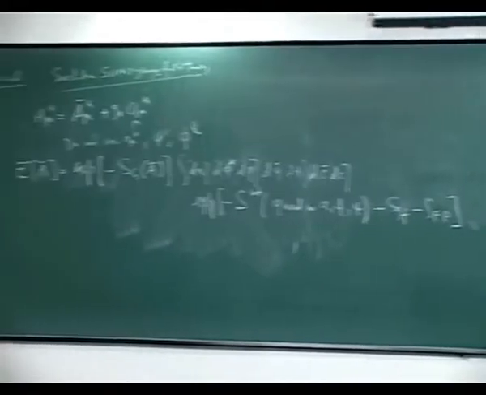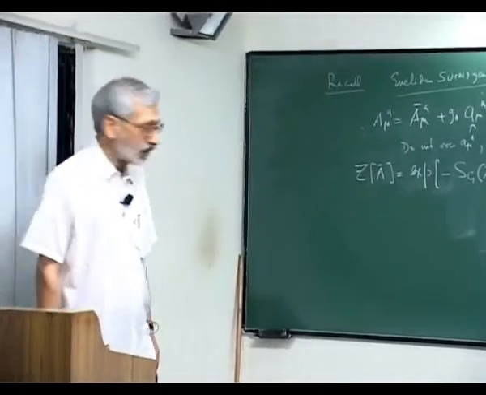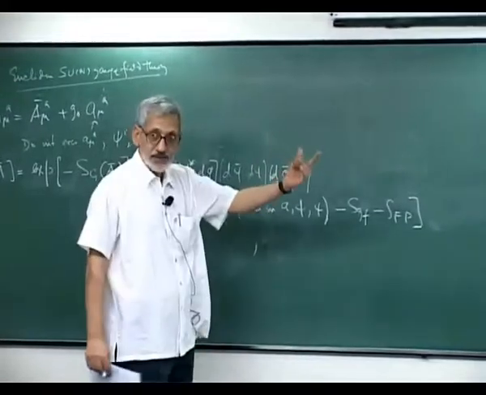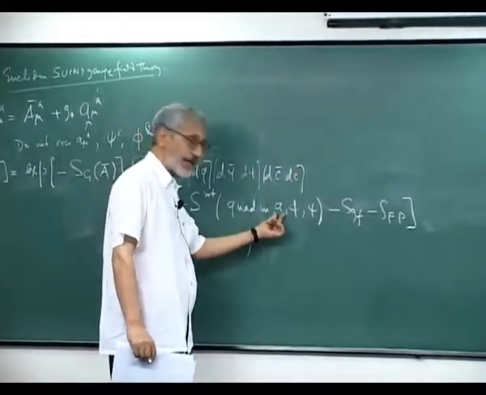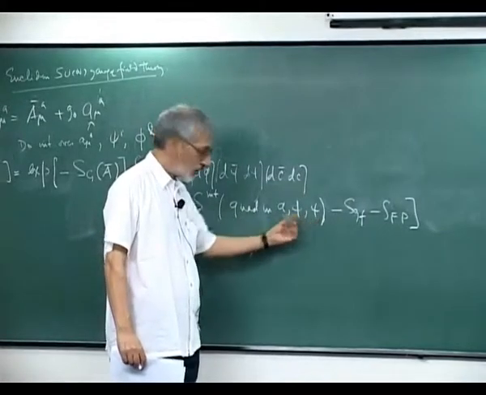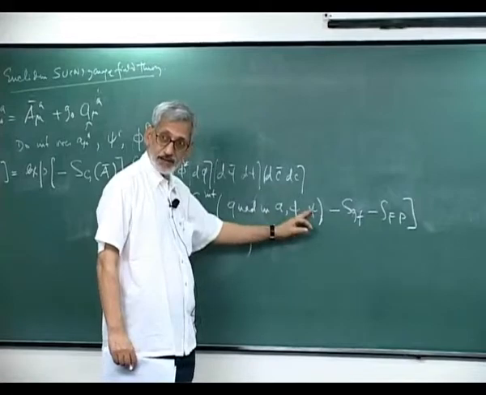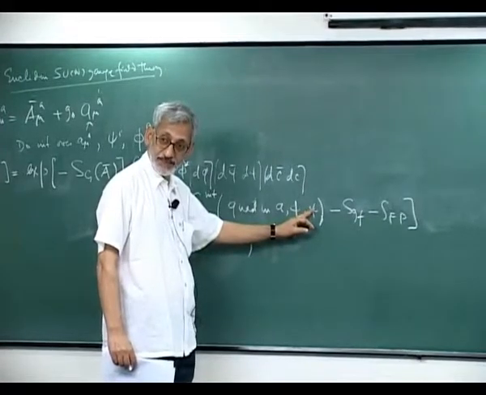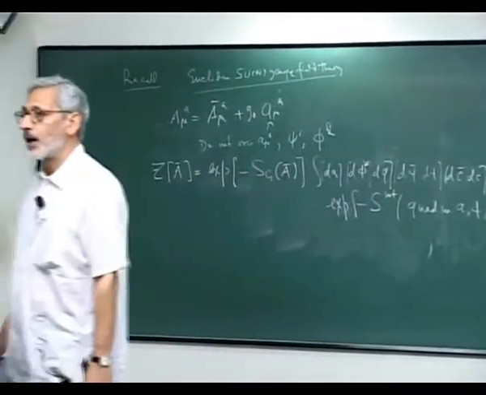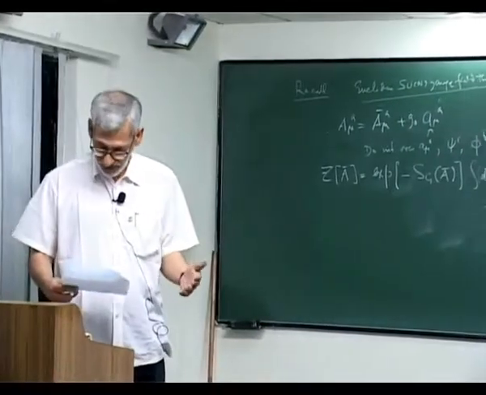The gauge fixing action is the same, Faddeev-Popov is the same. So you take only the quadratic part in the full S, quadratic in fields, which means 2 A's, 2 phi's, 2 psi's, or mixed ones, A and small a and phi, small a and psi. So keep those terms and write down the corresponding Feynman rules and do the calculations.